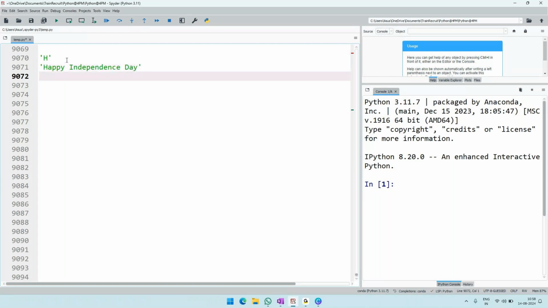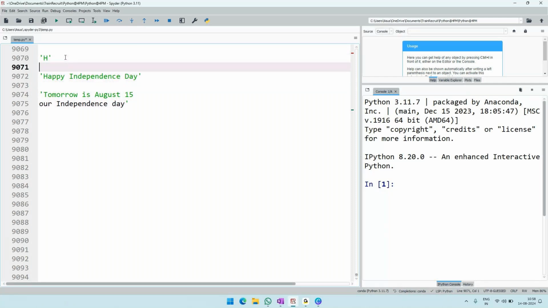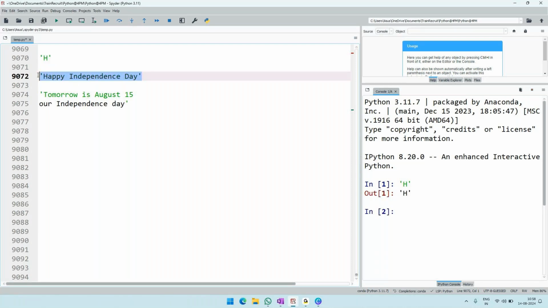And here, tomorrow is August 15, our Independence Day. We cannot have more than a single line. Single character is okay. Collection of characters is okay. So this is okay.